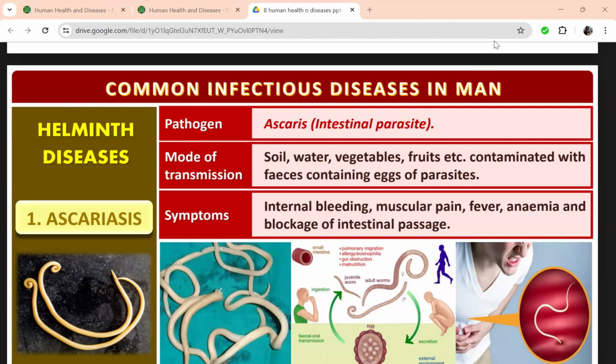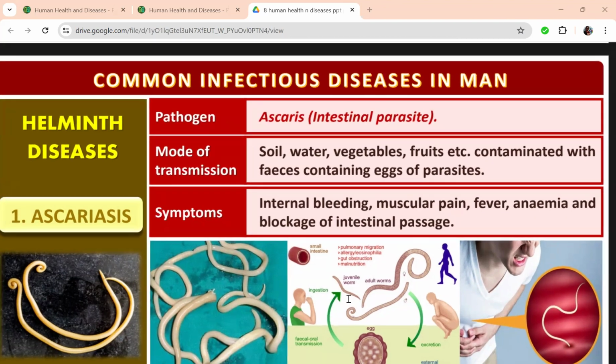The mode of transmission is soil, water, vegetables, fruits, etc., contaminated with feces containing eggs and parasite. Symptoms are internal bleeding, muscular pains, fever, anemia, and blockage of the intestinal passage.